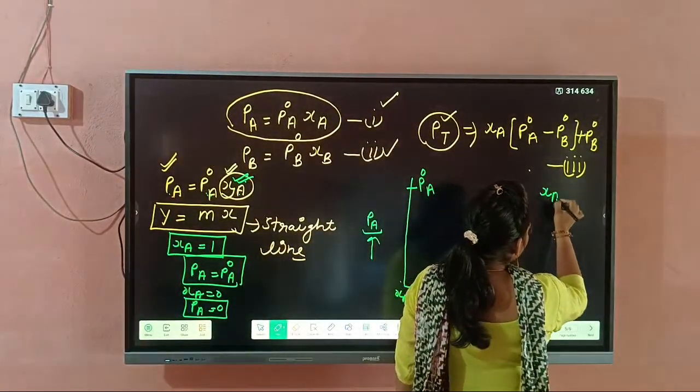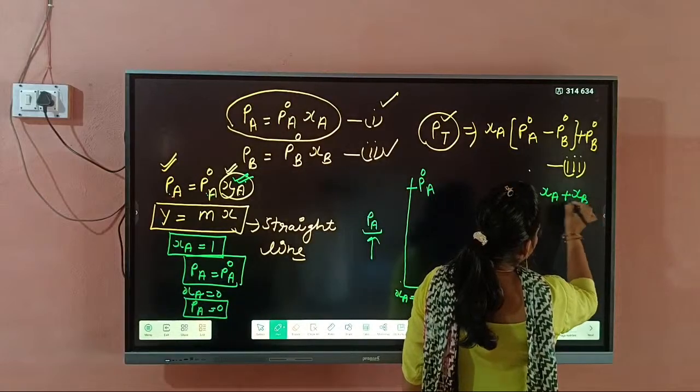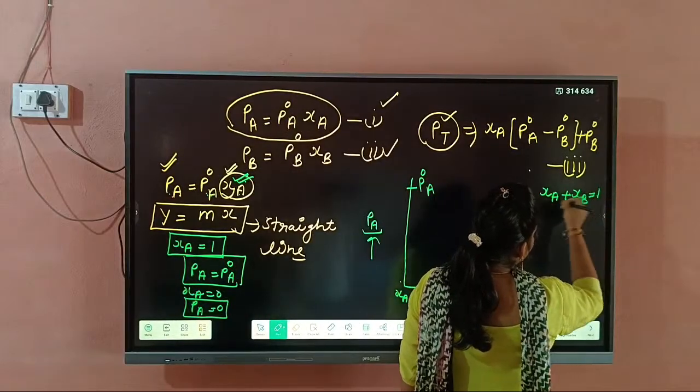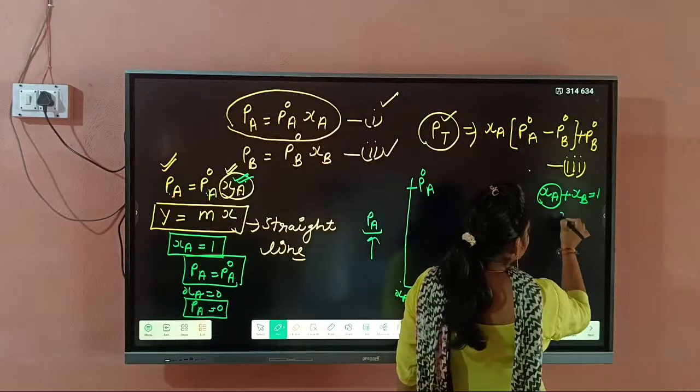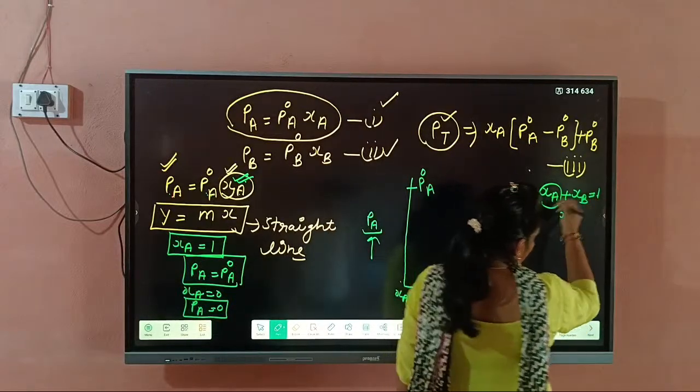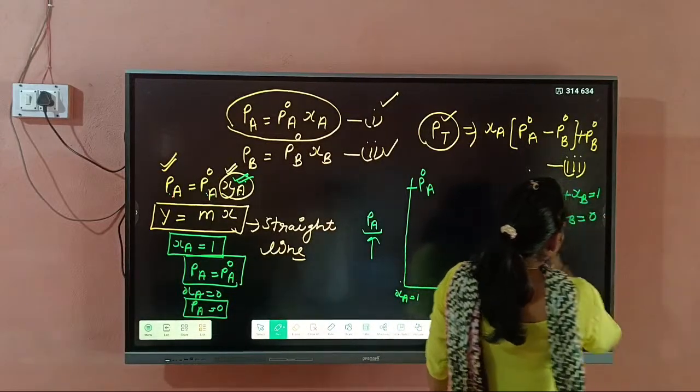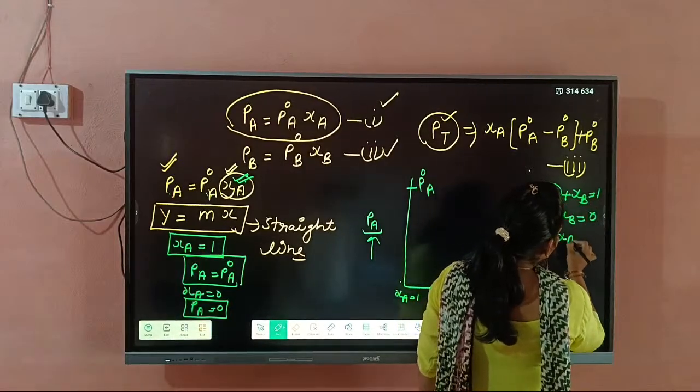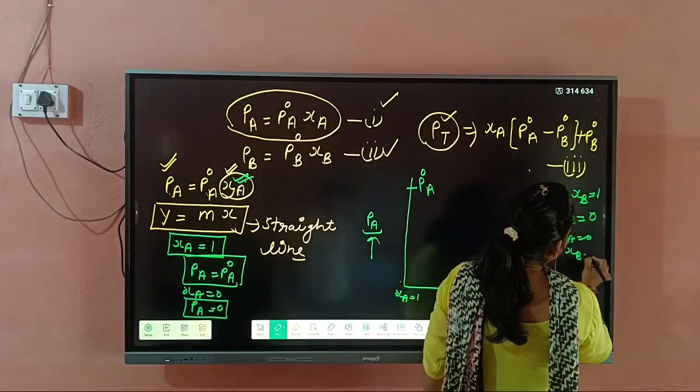And at value 0, where it will be 0? We know very well total mole fraction XA plus XB will be 1. Because here XA is 1 means XB is equal to 0. And if XA is 0 means XB will be 1.